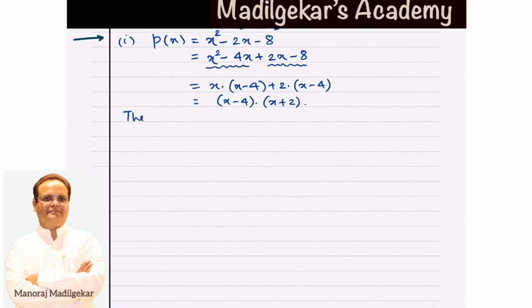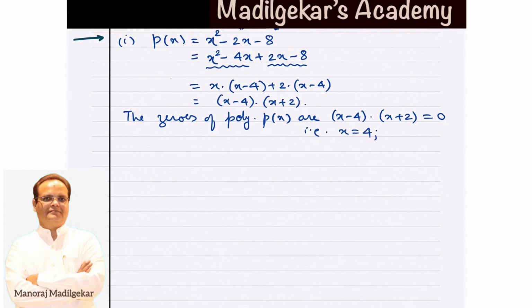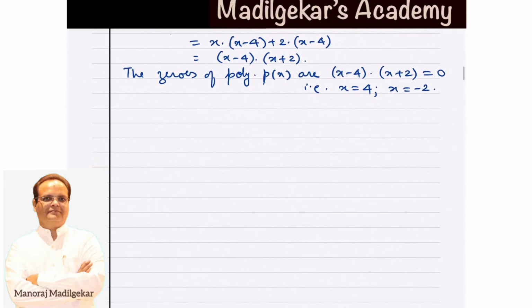The zeros of polynomial p of x are given by x minus 4 into x plus 2 equals to 0. That is x equals to 4 and x equals to minus 2. Let these be alpha and beta. So let alpha equals to 4 and beta equals to minus 2.